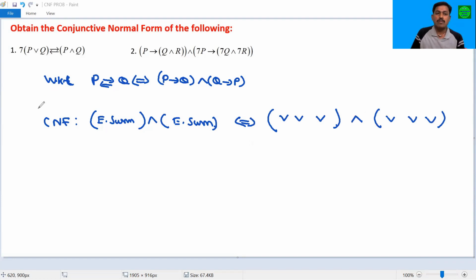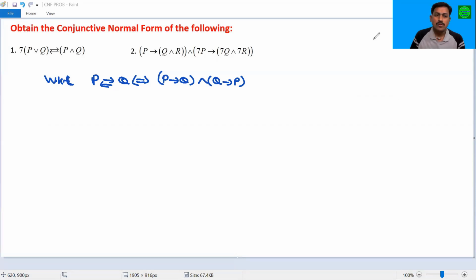So whenever you are solving this conjunctive normal form, we should remember this form. So we already discussed we will have two formulas. One is like this. The other formula is P and Q, or not P and not Q. Here we are discussing conjunctive normal form.